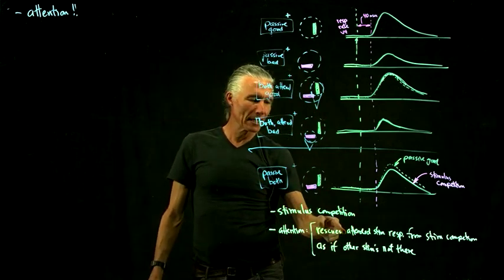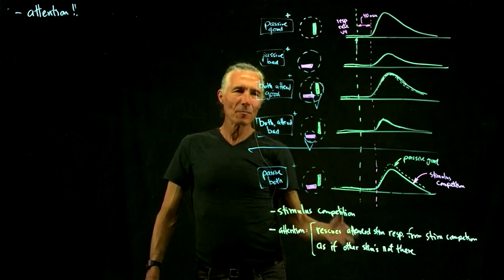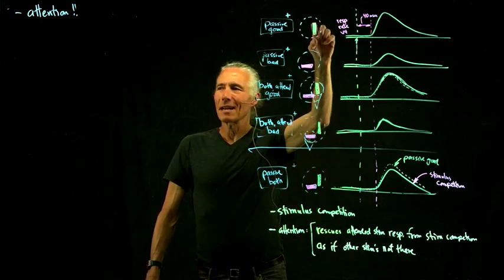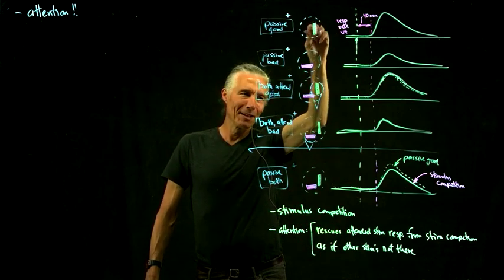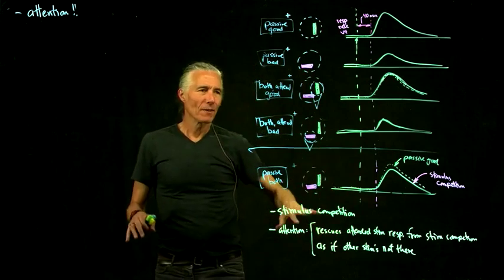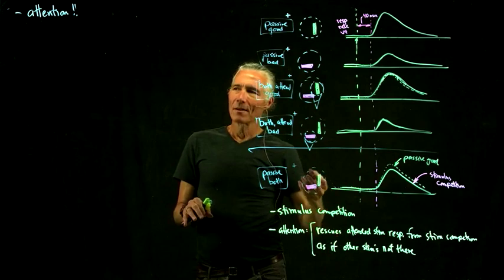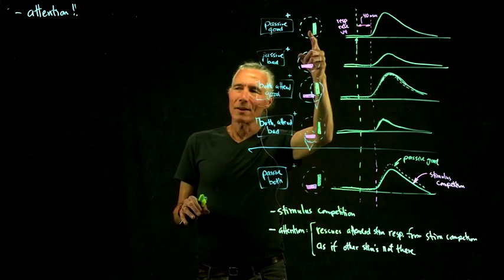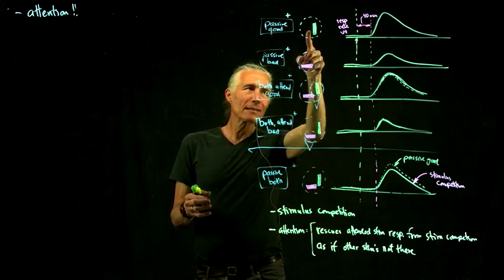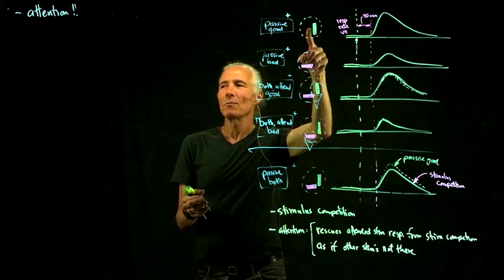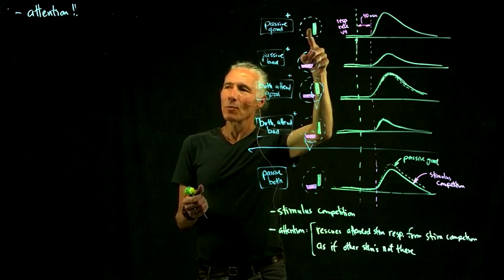Attention basically gets you back to a situation where you've got just a green bar on a black background. So it kind of suppresses the effects of all those other stimuli out there on the one that you're attending to. It generally doesn't tend to boost it above what it would be if you weren't attending to it.